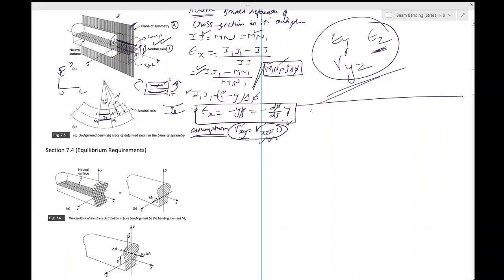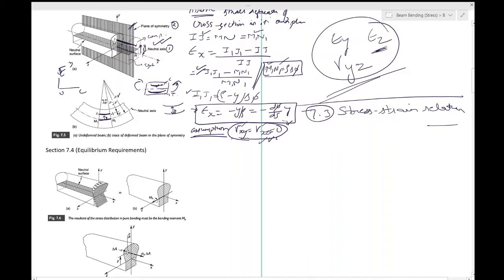So section 7.3 is about stresses obtained from stress strain relations. So we have enough number of strains as of now. Let's see what we can do with it.